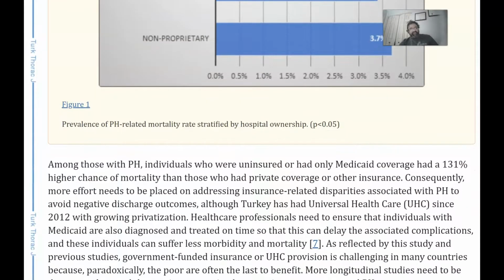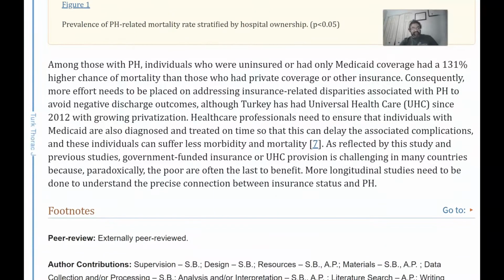Among those with pulmonary hypertension who were uninsured or had only Medicaid coverage, there was a 131% higher chance of mortality than those who had private coverage or other insurance. So if they had private coverage, then they functioned better than individuals who are uninsured or only have Medicaid coverage. And this is actually relevant in many places.